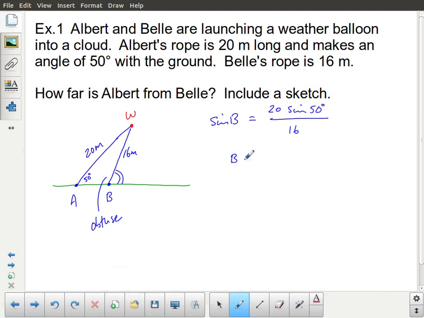And so in this case, B is approximately equal to, so I'm just going to re-verify my calculation. Take the inverse sine of that. But now I'm going to do 180 minus that answer, and so I end up with 106.7531.